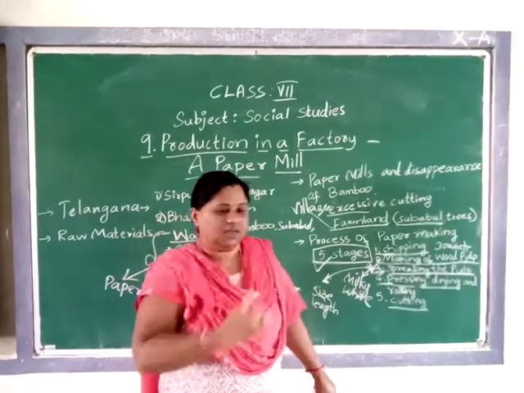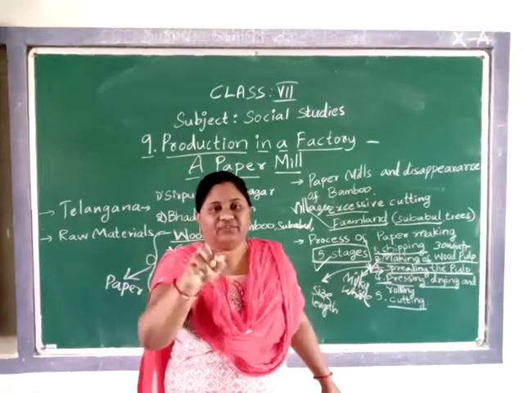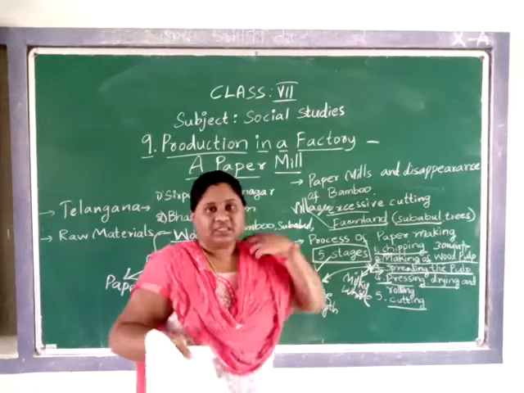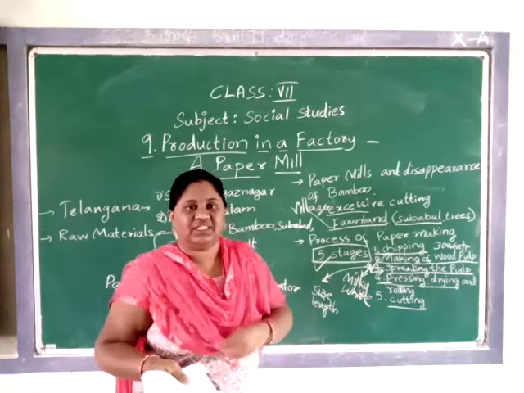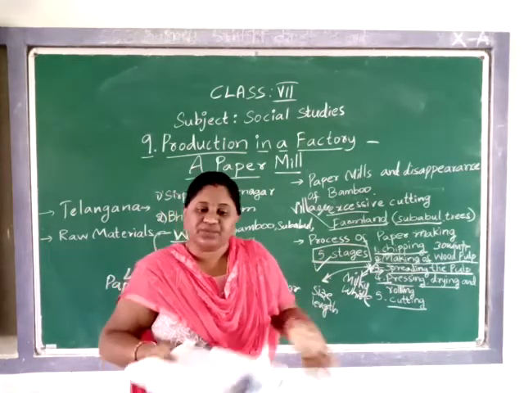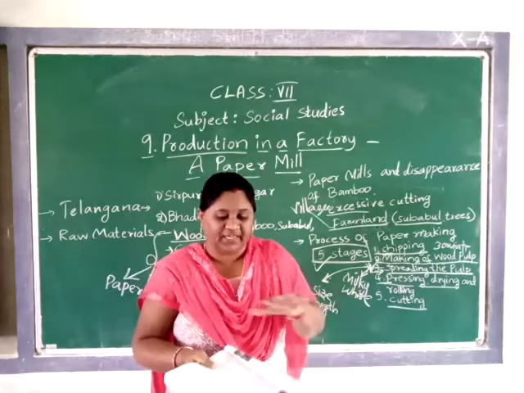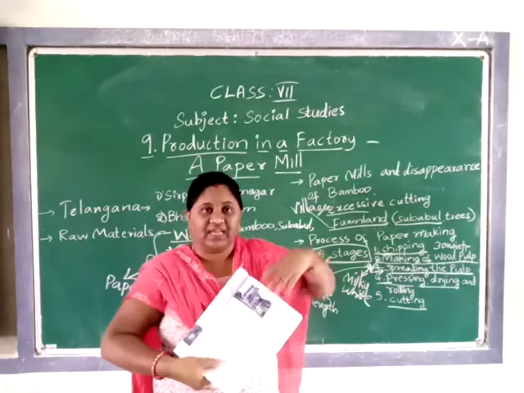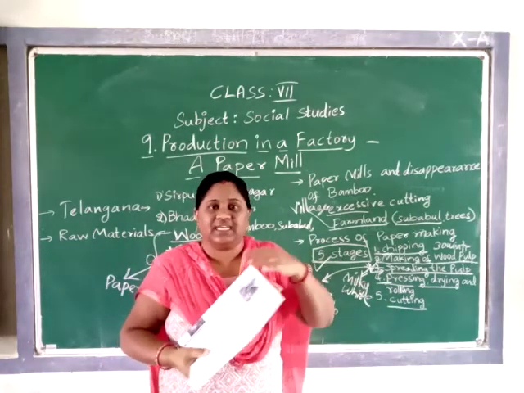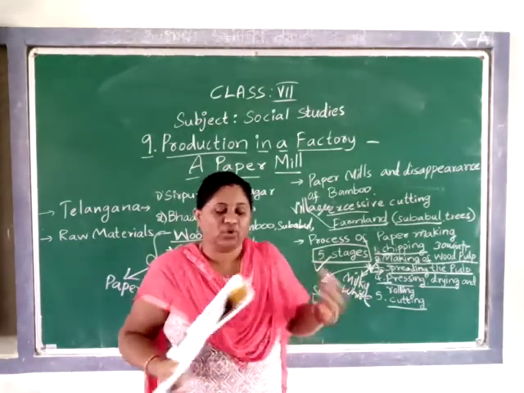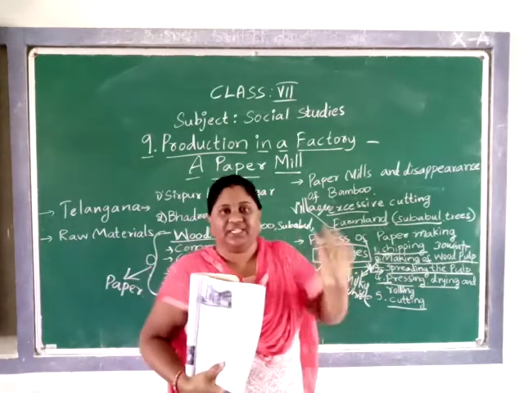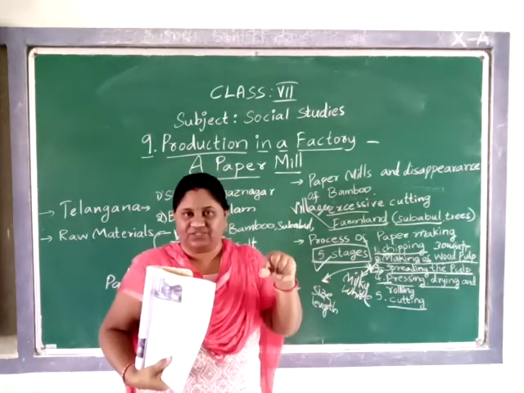If we see A1 size, A4 size papers, A1 size papers are somewhat big. Whatever we are using in our bags, textbook size paper is different, as well as notebook sizes are different. If you go to drawing sheets, that thickness is different, yes or no?